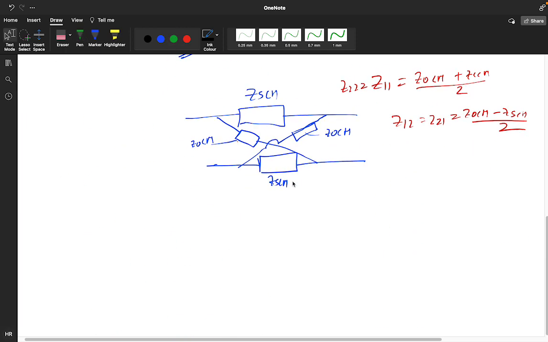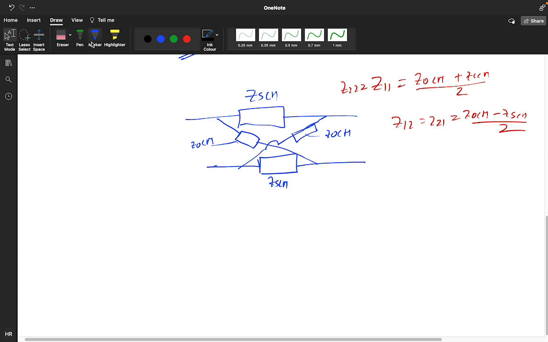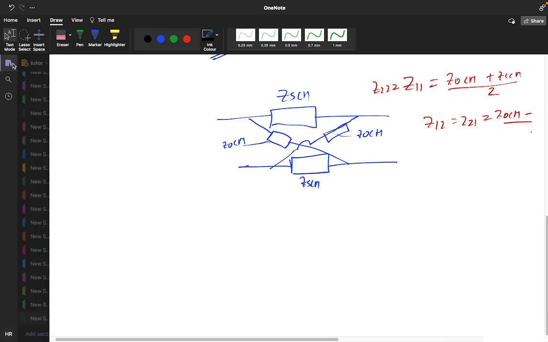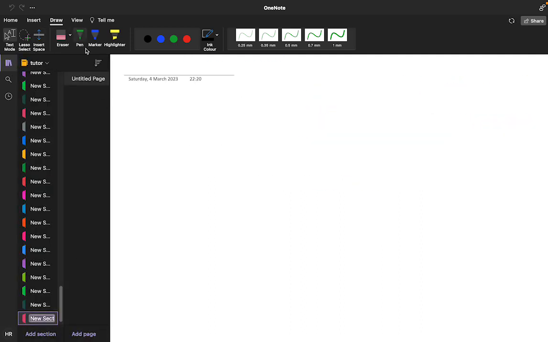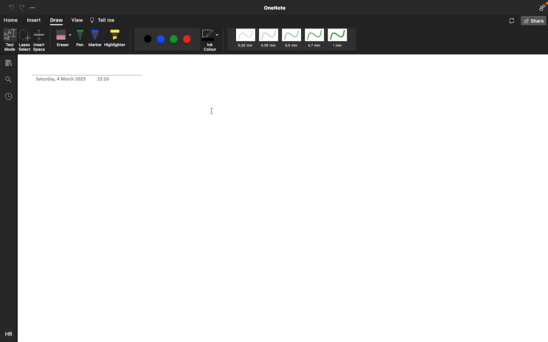So let me show you some example, then you will understand very clearly. Suppose in the note it is not given, so write it very carefully. Suppose you have a network like this.